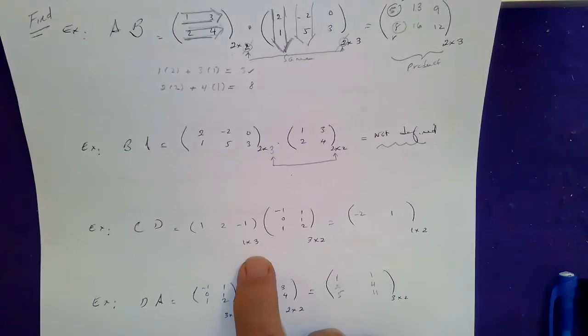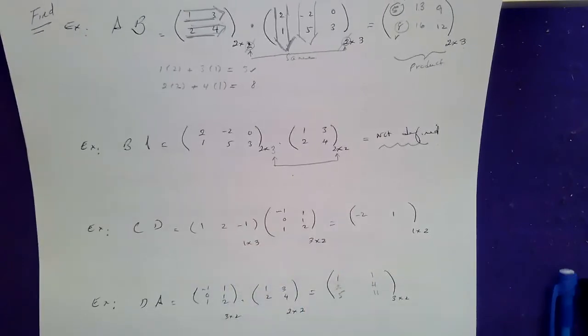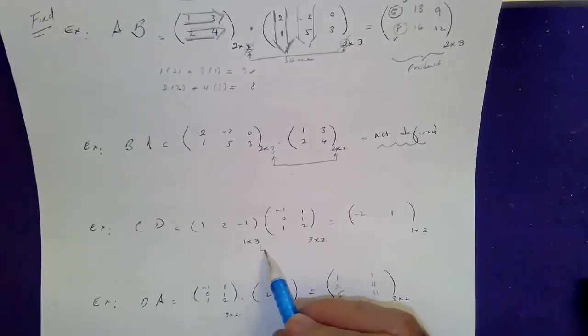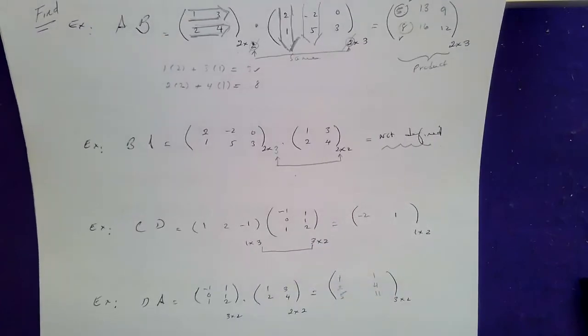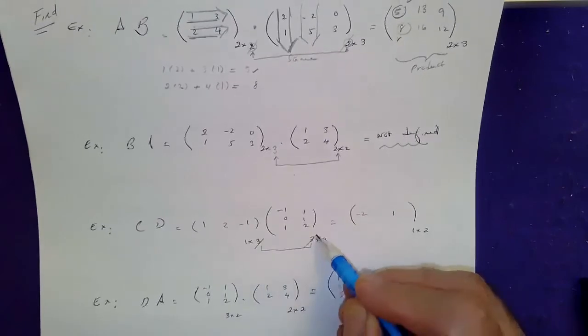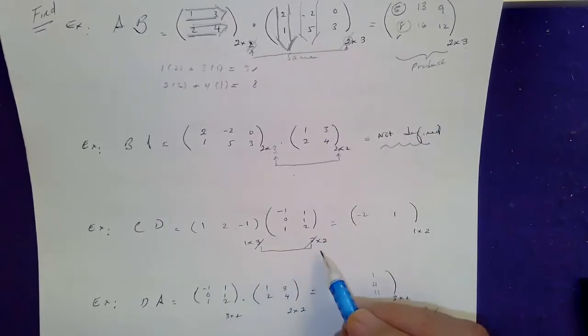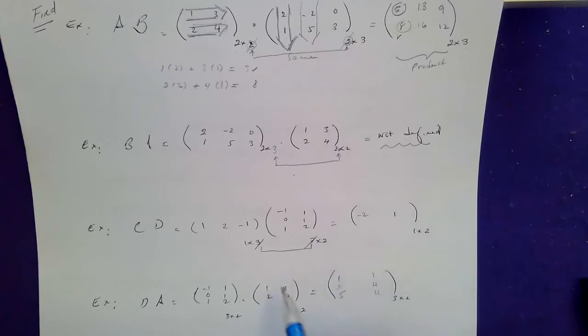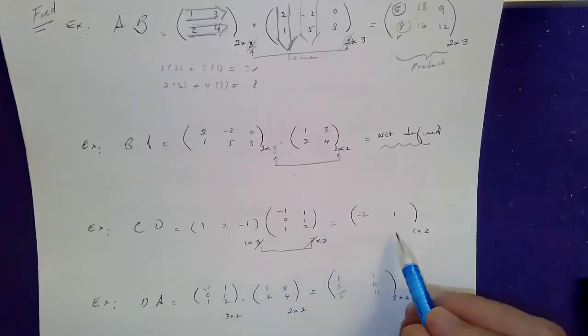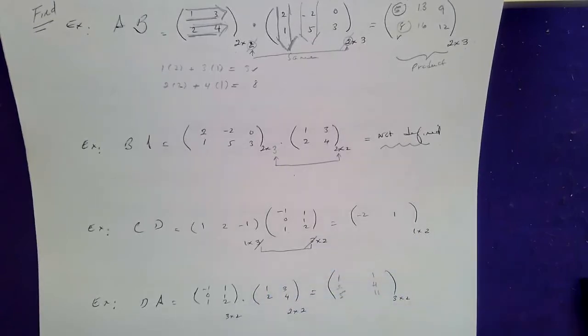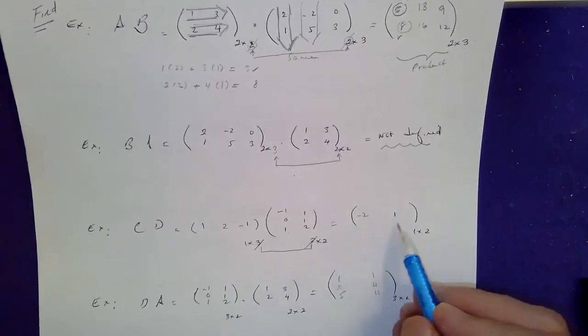This is 1 by 3. That's 3 by 2. These match, so the product is defined. If you cancel these out, that tells you the dimension of your answer should be 1 by 2. So this will be a row vector.